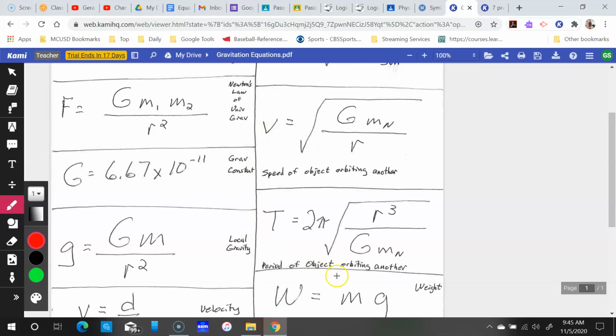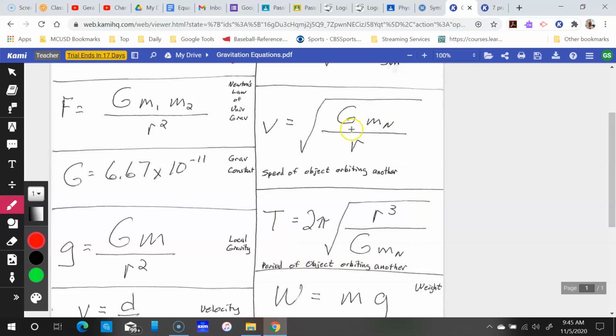And then these now are dealing with both the speed or the velocity, whatever you want to call it, of an object orbiting another object, and then the period of an object orbiting another.